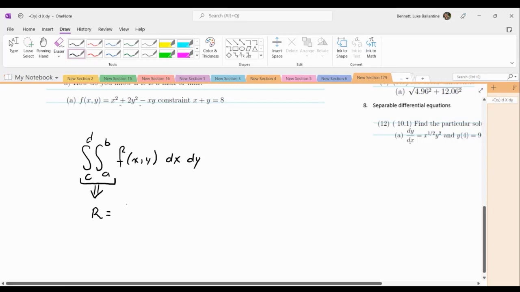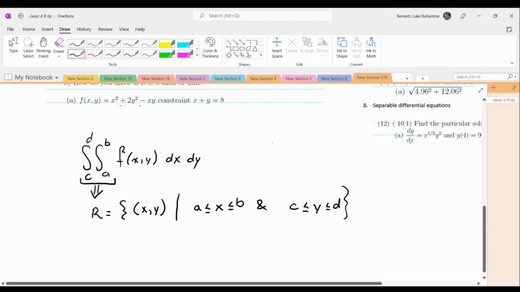This information is our region of integration, something in the xy plane, where a is less than or equal to x is less than or equal to b, and y is in between c and d.